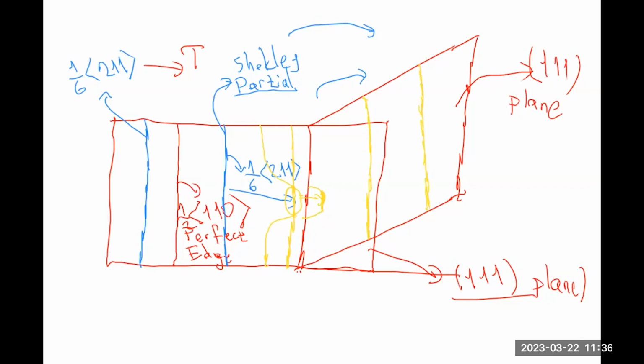They need to catch each other, create the screw segment and a full dislocation. Then the perfect dislocation can jump into the other plane. This is called cross slip, and it is one of the main mechanisms in FCC.